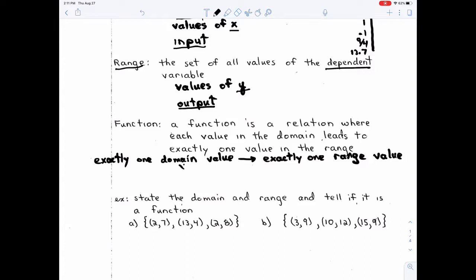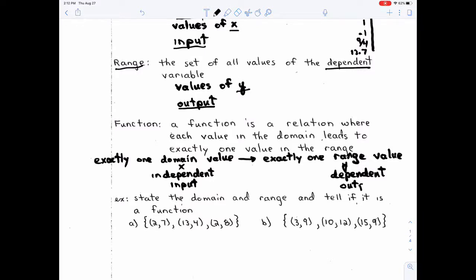Exactly one x value leads to exactly one y value, or exactly one value of the independent variable leads to exactly one value of the dependent variable. Or you could say exactly one input leads to exactly one output.